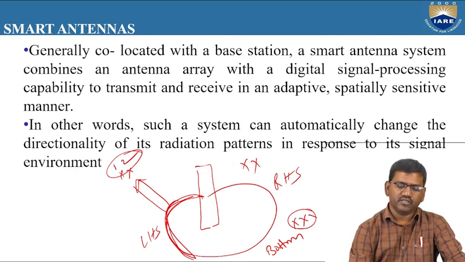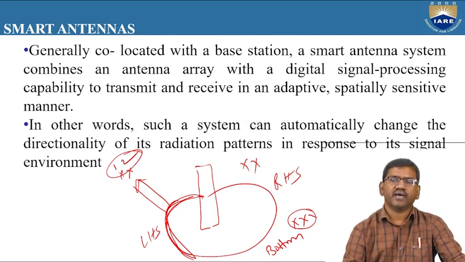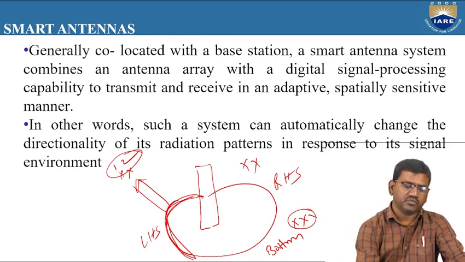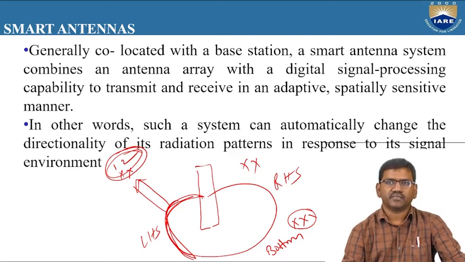This amount of radiation is not effectively utilized. The amount of bandwidth is not utilized properly; only some amount of bandwidth is being used by the two users, 1 and 2. So in order to overcome this problem, how to use the bandwidth effectively?